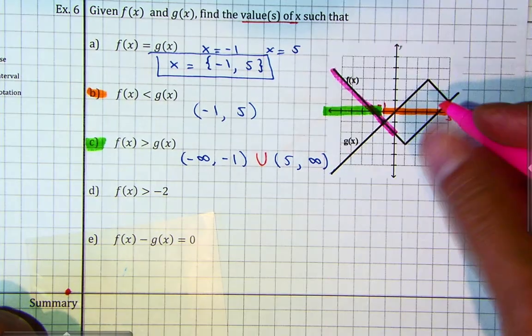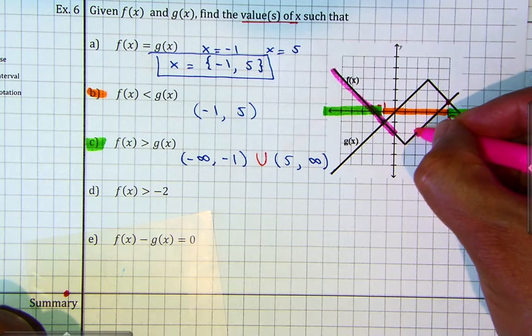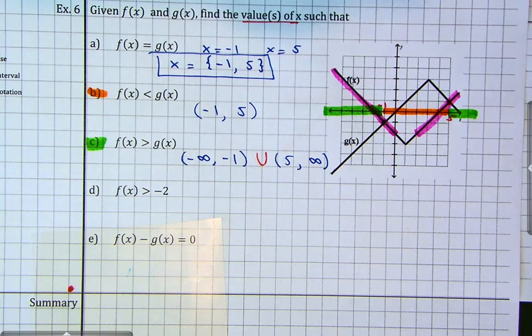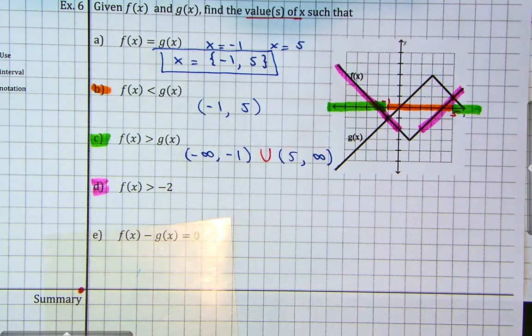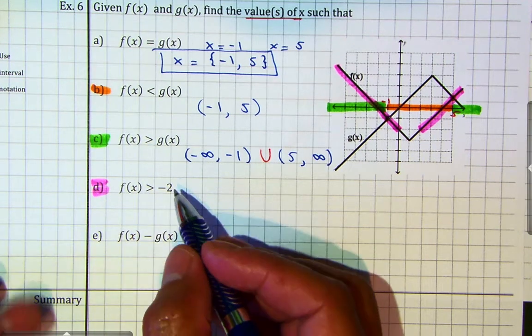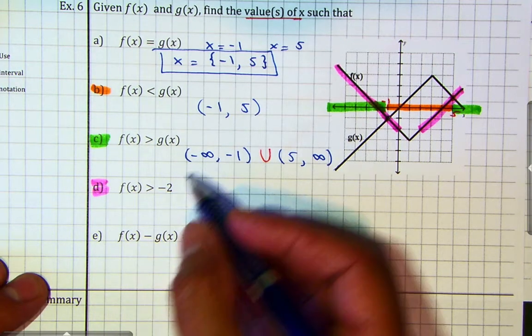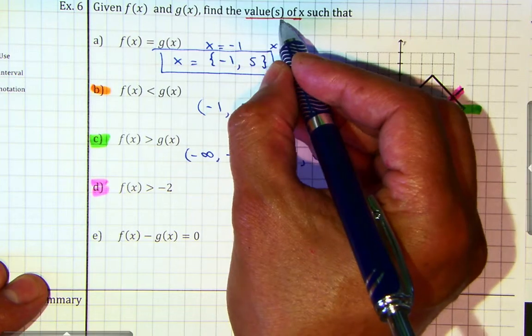That section here, and this section here. That is the section where f of x is greater than -2, and we want to be able to write down the interval of the x-axis, of the domain.